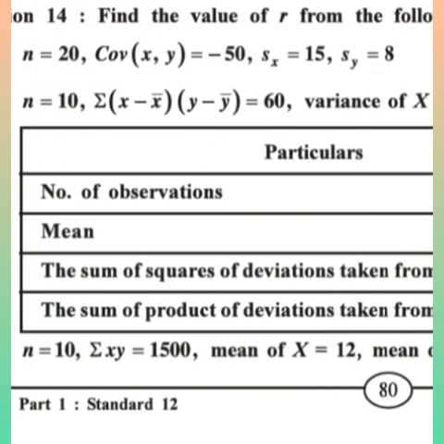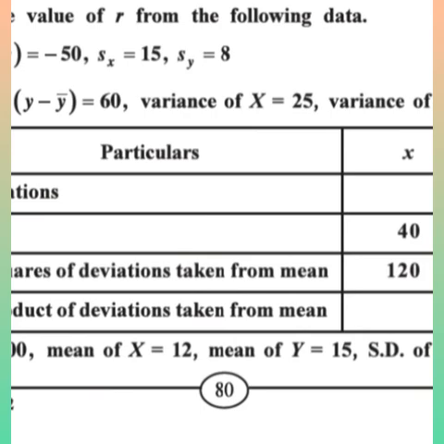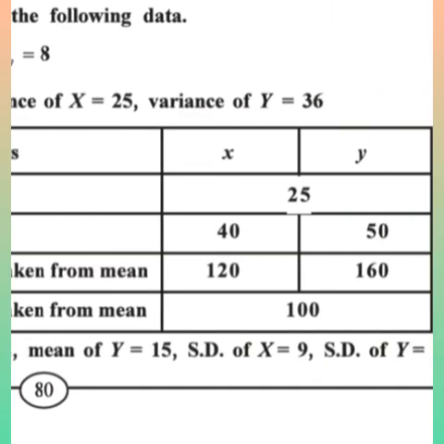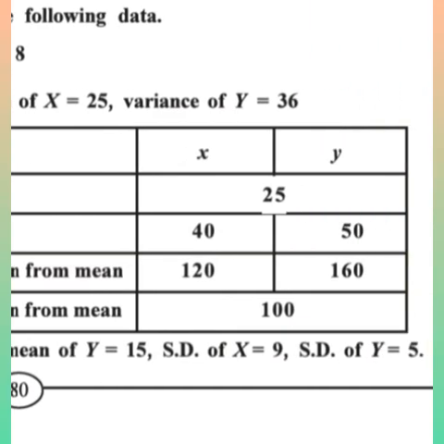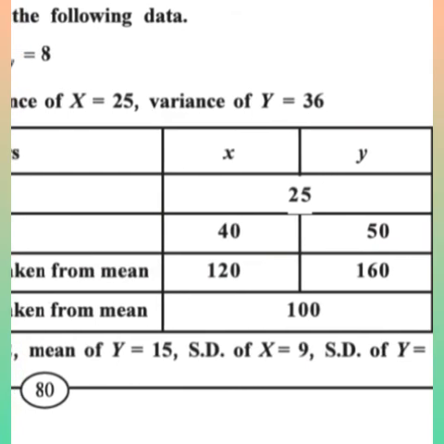Similarly, the sum of the squares of deviations taken from the mean are given as 120 and 160. What do we mean by that? They have given us sigma (x minus x bar) whole square is 120 and sigma (y minus y bar) whole square is 160, right?